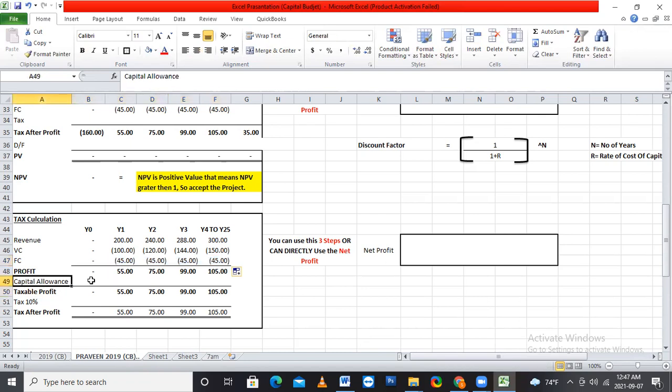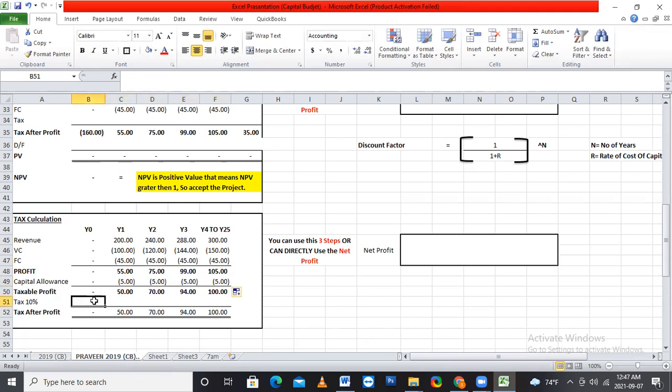They said that depreciation equals the capital allowance. So we use the depreciation, minus 5, which we already calculated, as the capital allowance. So the taxable profit is 50, 70, 90, 400.